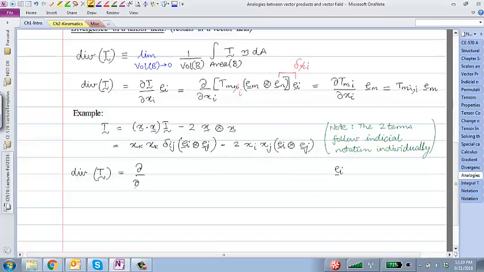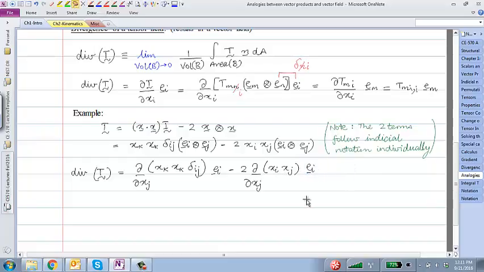Partial with respect to, since I want partials with respect to j, so x_j of x_k x_k delta_ij, and then e_i, the first e_i, and then minus 2 times partial with respect to x_j of x_i x_j.